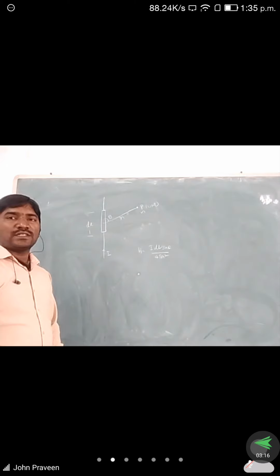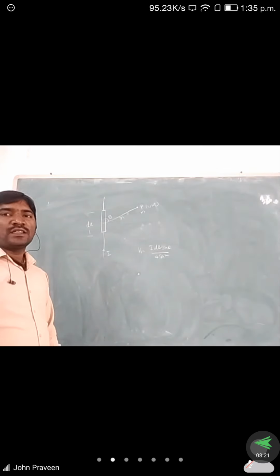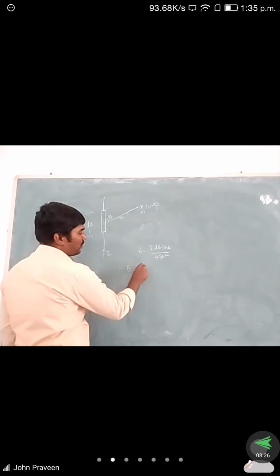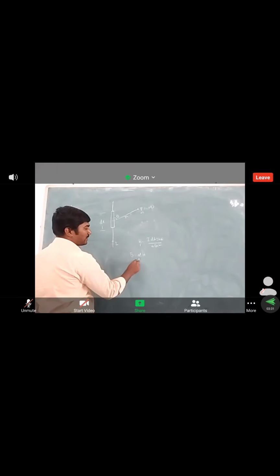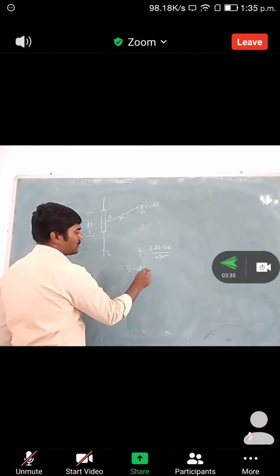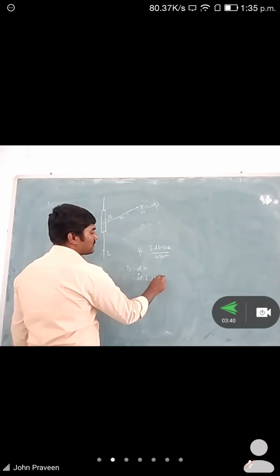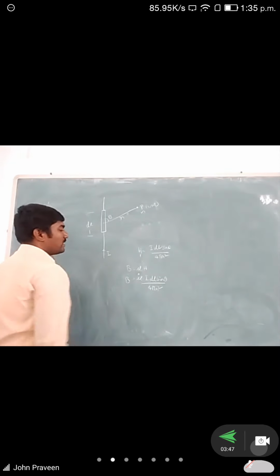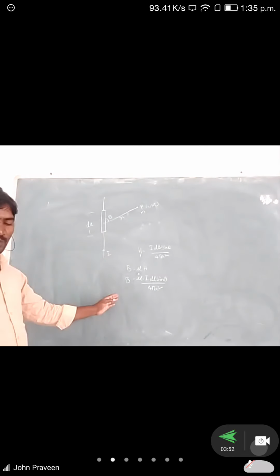Already in the previous classes we discussed the relationship between field strength, density and permeability: B is equal to mu into H. We substitute the H value in this equation. So mu into H is nothing but mu into I dl sin theta by 4 pi r square. So this is the density we can obtain here.